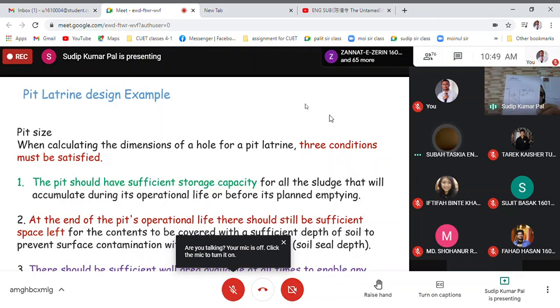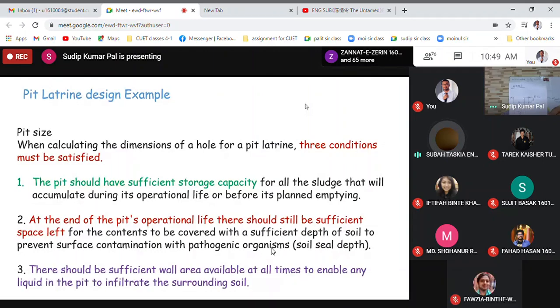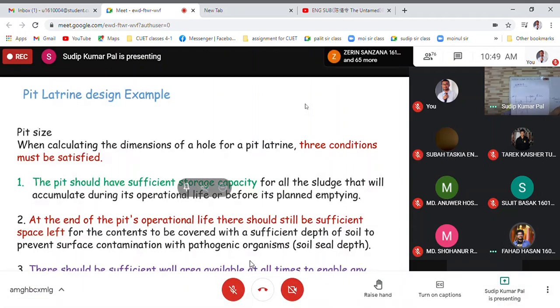Is this figure visible to you now? No, sir. Yes, sir. Yes, sir. Okay, I mean, if you can see the depth D, that will be fine.